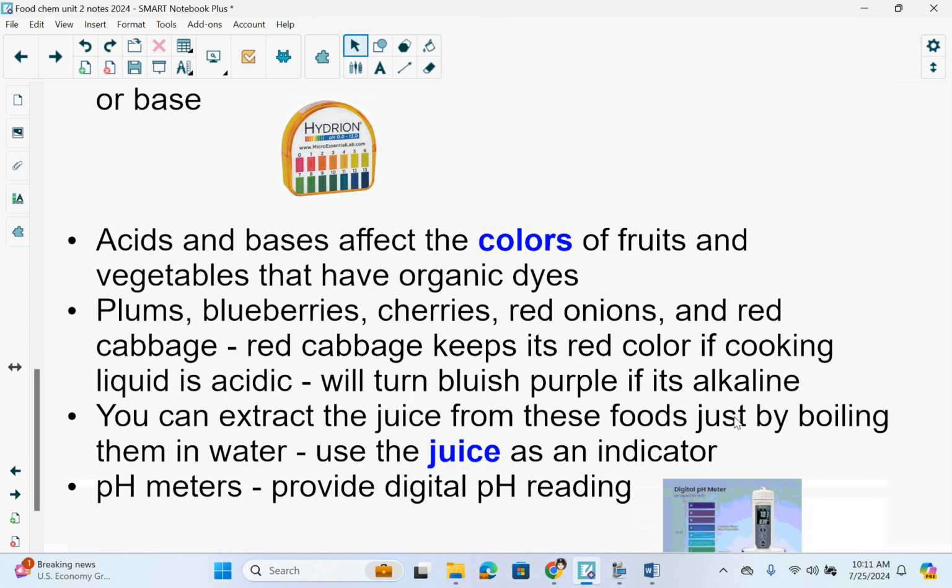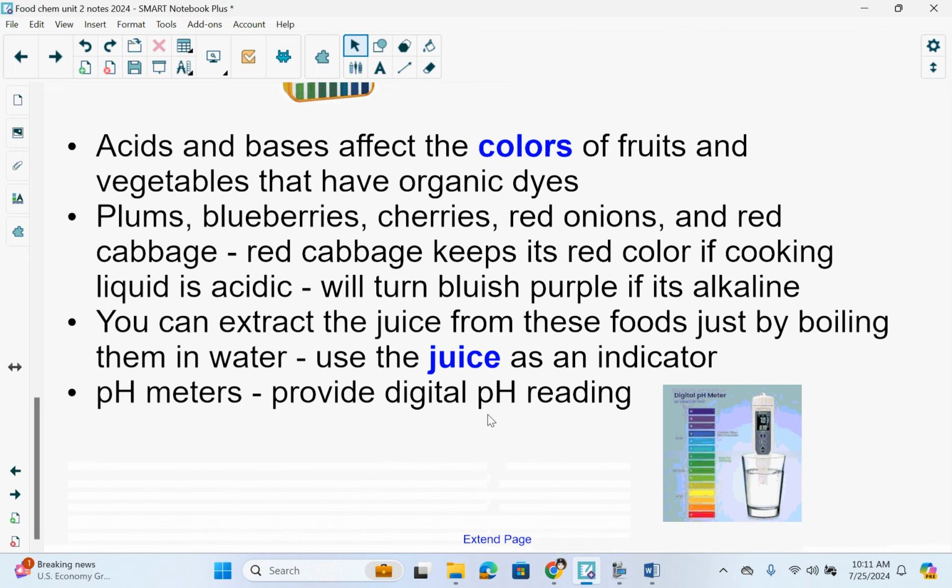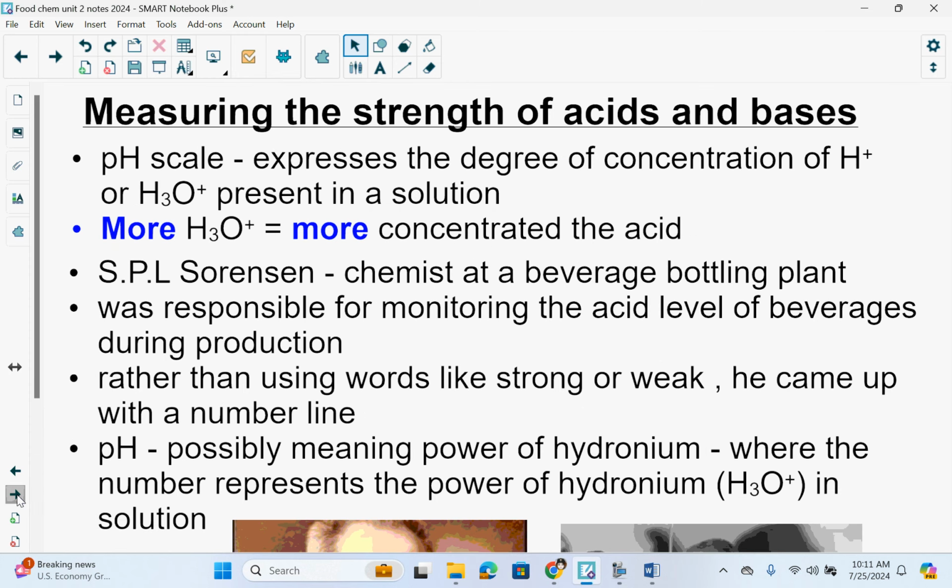You can extract the juice from these foods just by boiling them in water, and then you can use the juice as an indicator. You can also use a pH meter. This provides a digital pH reading. So a lot of different ways to determine if a substance is an acid or a base.